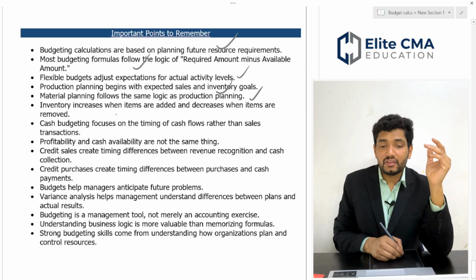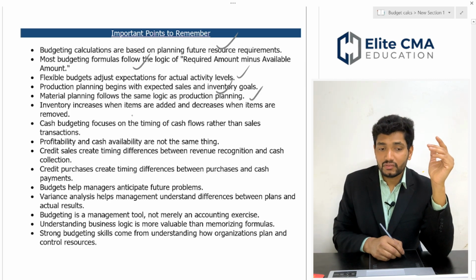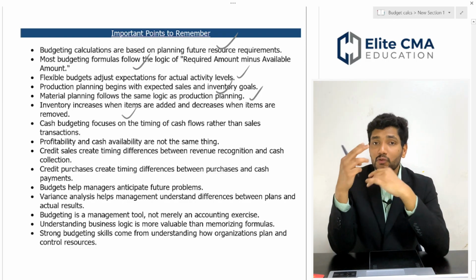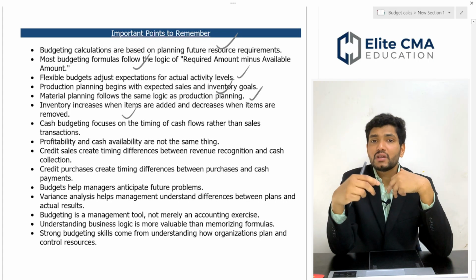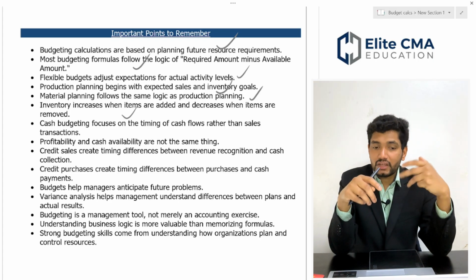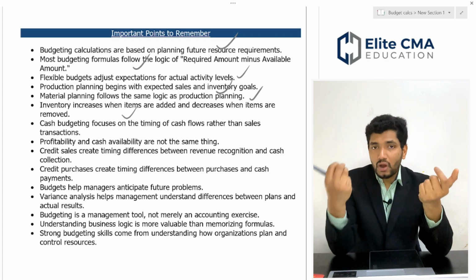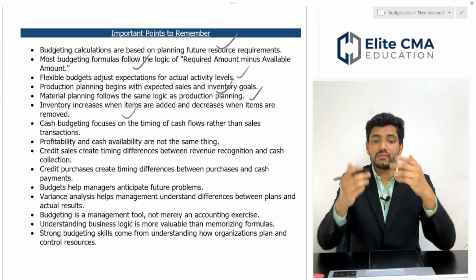Again, the inventory increases when items are added and decreases when items are removed. This is about the inventory calculation and how the ending inventory is derived. Once you make more purchases, your inventory will increase. Once you sell more quantity, inventory will decrease.